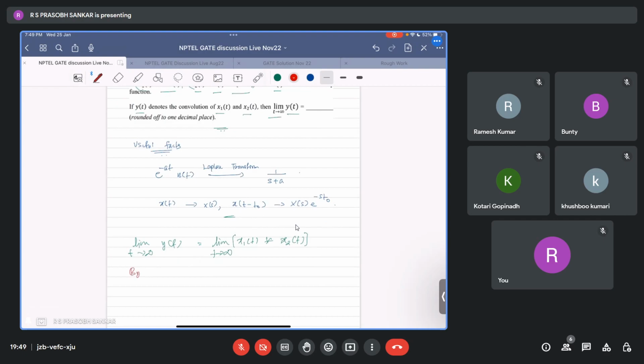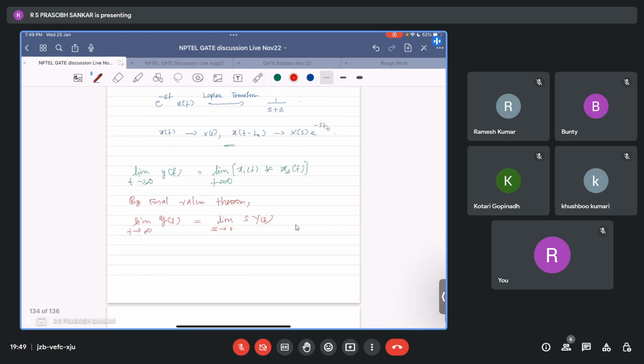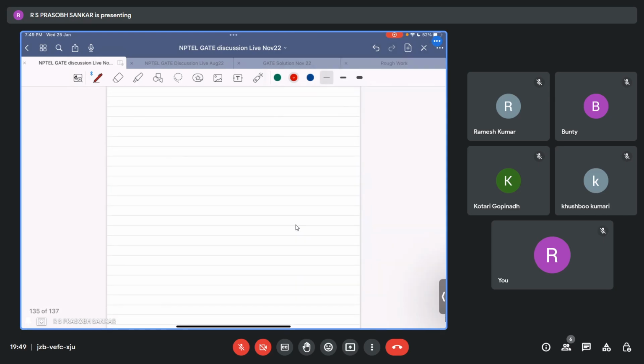Now, by the final value theorem, the limit of t going to infinity of y(t) is the same as the limit of s going to 0 of s times Y(s), where Y(s) is the Laplace transform of the function y(t). This is the final value theorem.